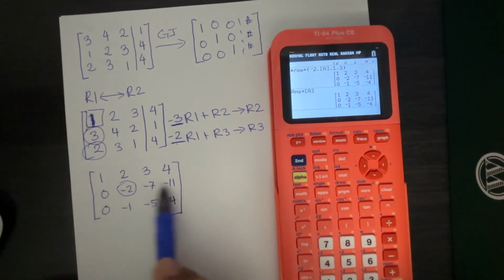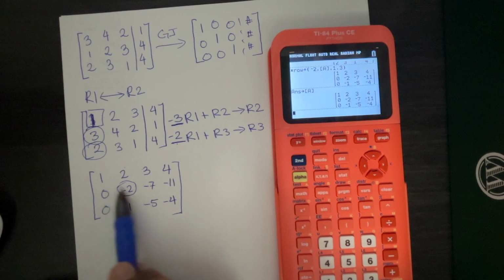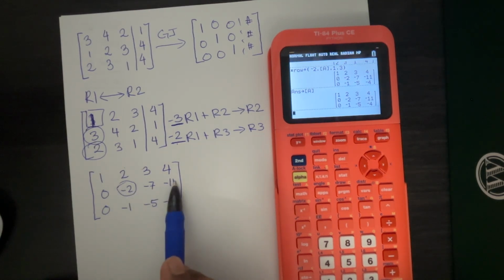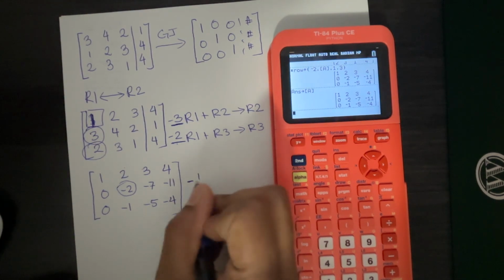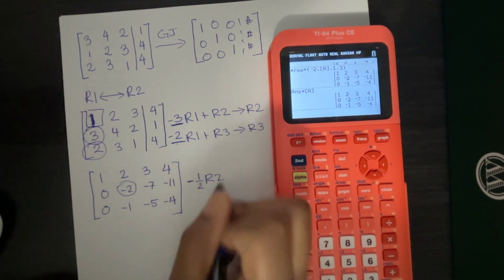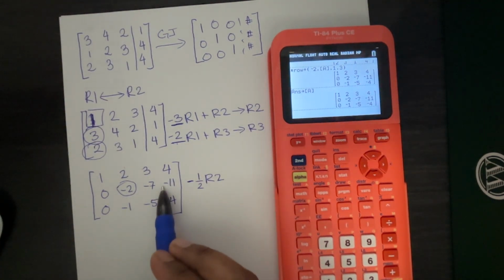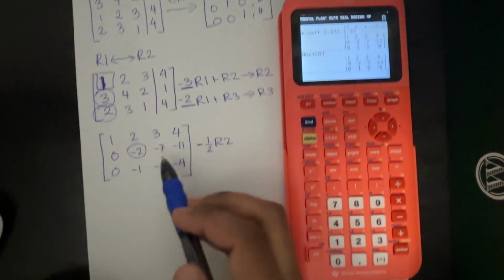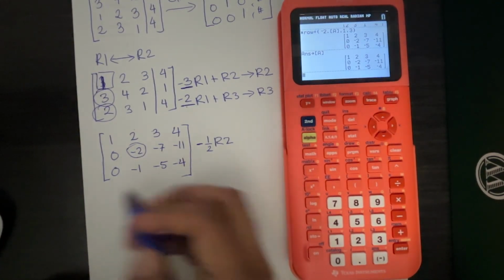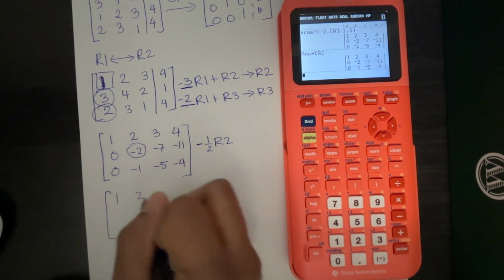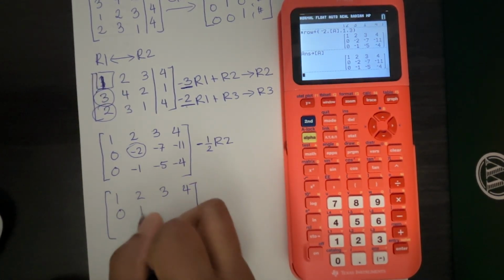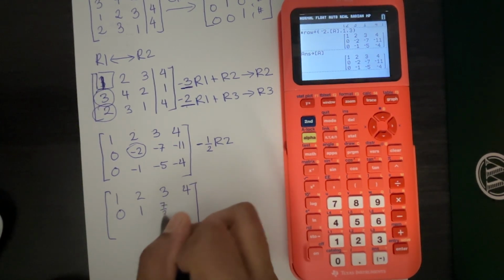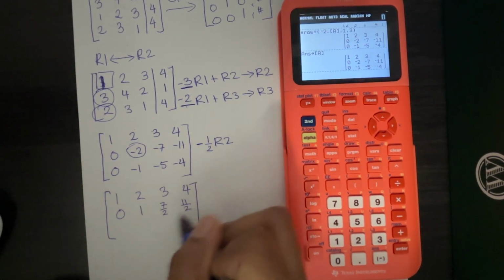So what I have to do is divide all of row 2 by -2. So we're going to be -1/2 times row 2, which essentially means divide all of row 2 by -2. So if I do that, I end up with 1, 2, 3, 4, 0, 1, 7/2, 11/2.